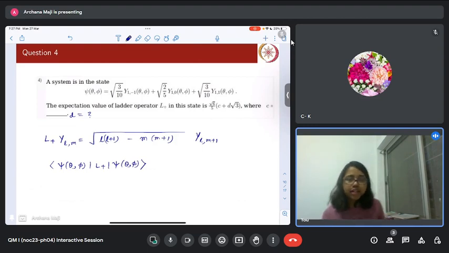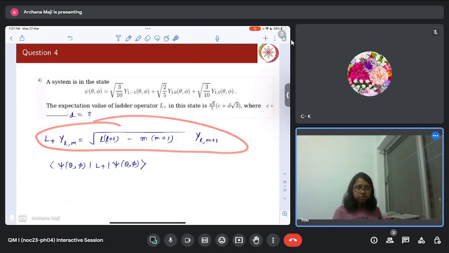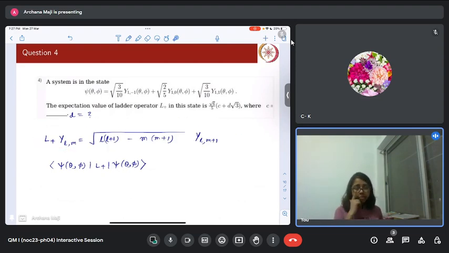The question is clear? Can you do this? You just have to use this particular formula. And then also remember that these spherical harmonics are all orthonormalized, meaning inner product of y10 with y10 will give you 1, and inner product of y10 with any other spherical harmonic will give you 0.